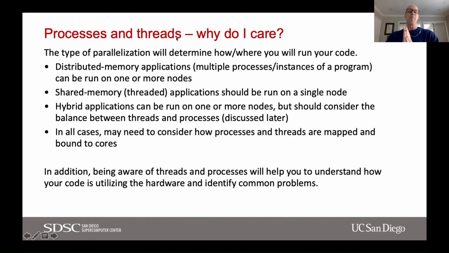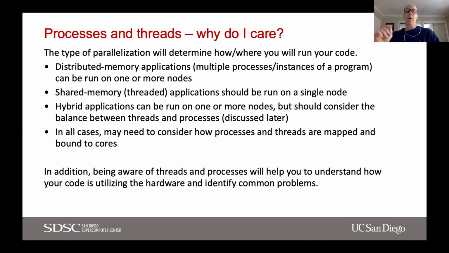Okay, so a little bit more about processes and threads, and why do I care about the distinction? The type of parallelization will determine how and where you can run your code. Distributed memory applications, again, multiple processes, multiple instances of a program, can be run on one or more nodes. Shared memory applications have to be run within a single node. We also have what we call hybrid applications that use a combination of threads and processes.